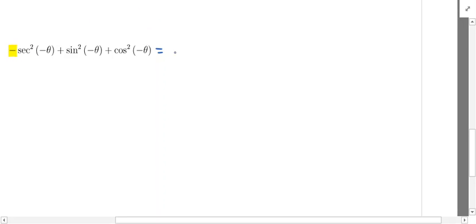This is the same thing as negative, and this is the secant of negative theta times the secant of negative theta. If you're squaring secant squared of negative theta, that means you're multiplying it by itself. Then we're going to have a plus sign. We're adding sine squared of negative theta.